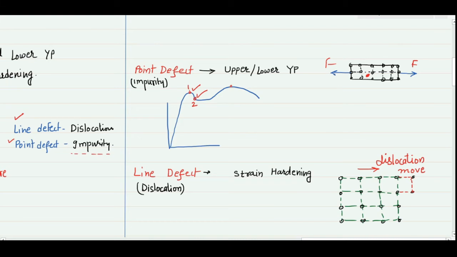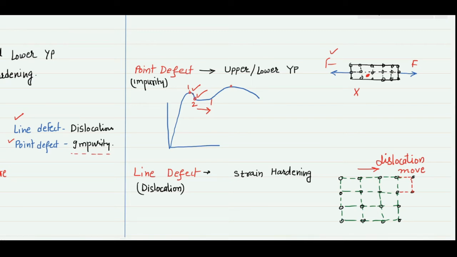But when we increase the force value up to point 1, suddenly we observe that this impurity gets broken. When it breaks, there is a sudden increase in length because we have already applied a large force, and as it breaks there is an abrupt increase in length. Therefore we observe this plastic flow phenomenon, and all of this is because of the point defect or the impurity.